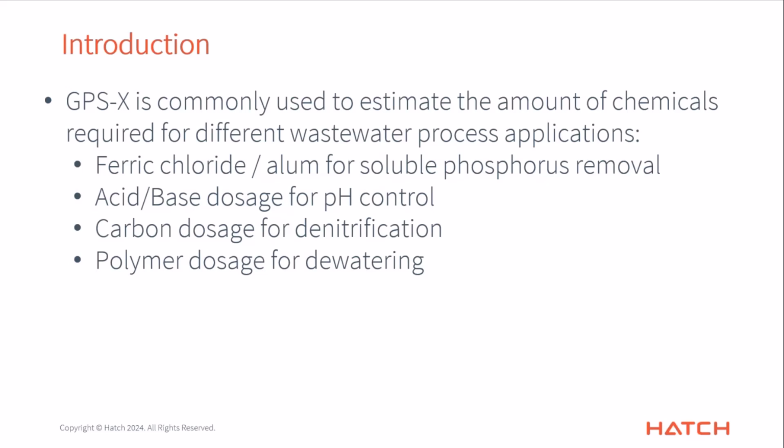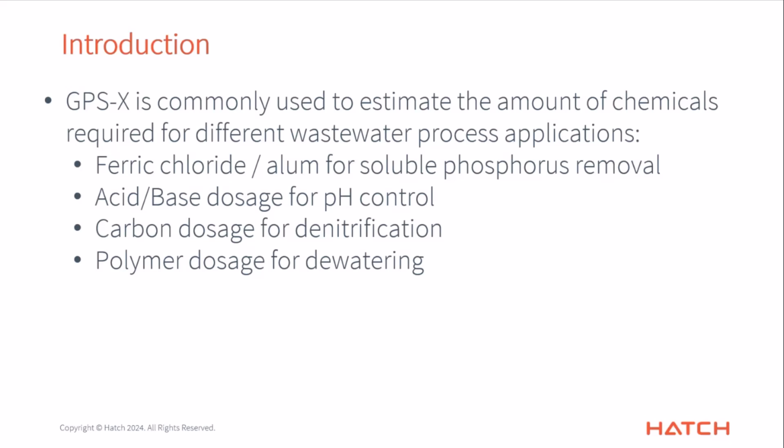GPSX actually is used quite frequently to estimate appropriate levels of chemical dosage for the activated sludge process, and also to optimize that, to do analysis to understand what it's going to be like and what different dosing strategies you might want to use.